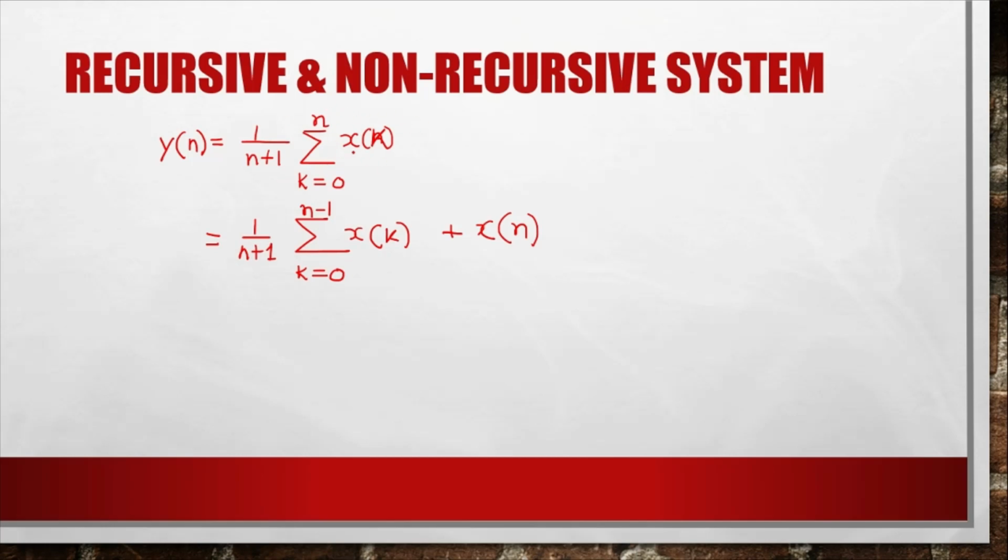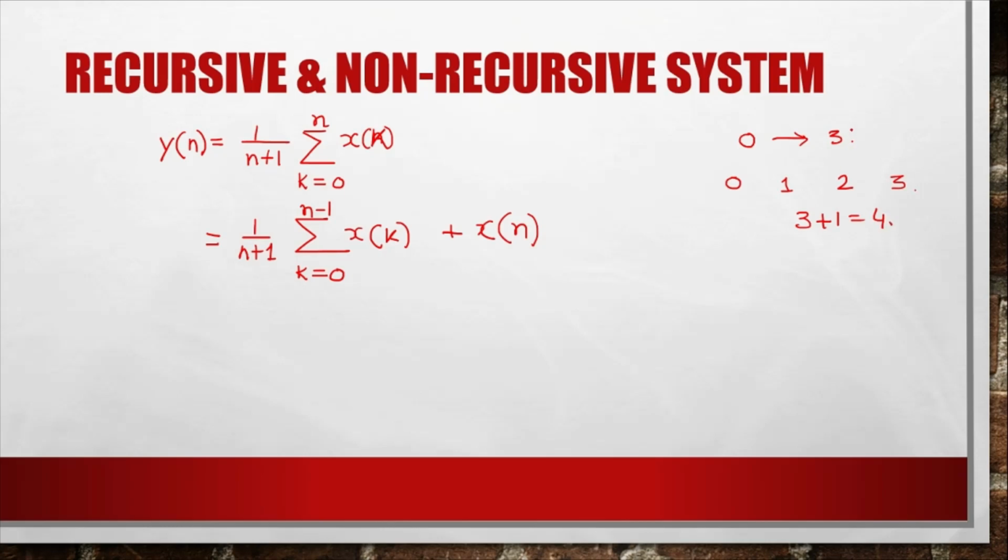Now, my output y(n) is actually dependent on the summation of the values of inputs, divided by the number of inputs. So what is the number of inputs? From 0 to n, how many numbers? If I take, suppose, 0 to 3, how many numbers? 0, 1, 2, 3. That means 3 plus 1, 4 numbers.